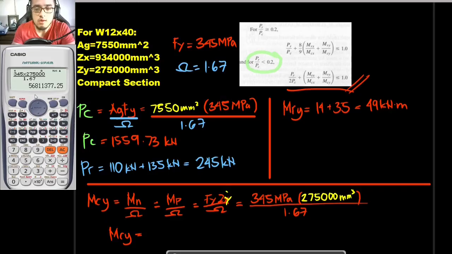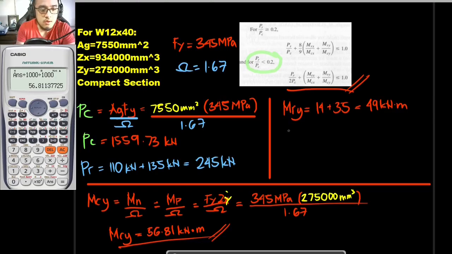If I want to convert it into kilonewton meters, I would be dividing by 1,000 for newtons to be converted into kilonewtons, and another 1,000 for the millimeters to be converted into meters. Our answer here would be 56.81 kilonewton meters. Confirmation, everyone, can you still follow? Yes, sir. Okay, thank you. So 56.81 kilonewton meters. We already have everything that we need.